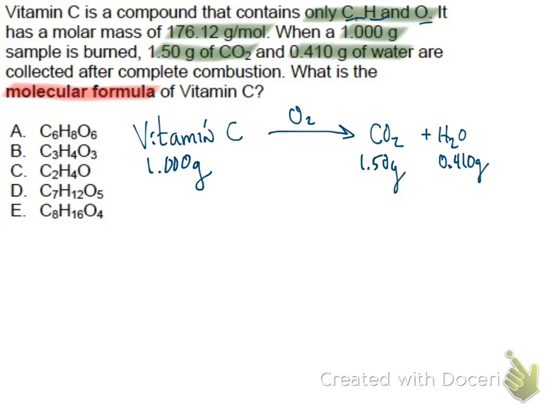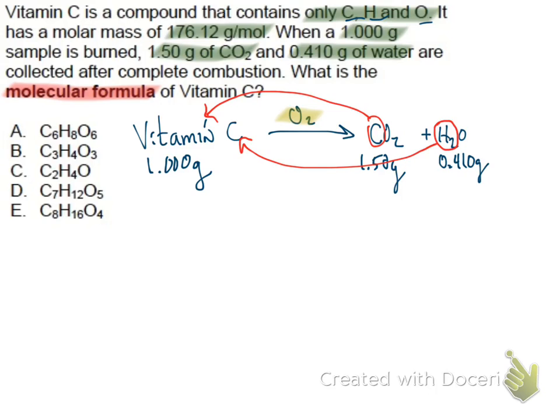All right, so now we've diagrammed all the information that we've been given. The key to analyzing this sort of problem is to realize that all the carbon that's present in the CO2 has to come from the vitamin C. Not only that, all the hydrogen that's present must come from the vitamin C, because the only thing that we're adding is oxygen.